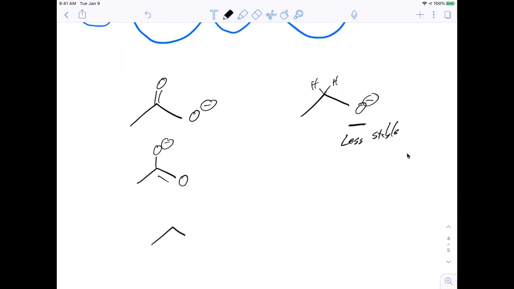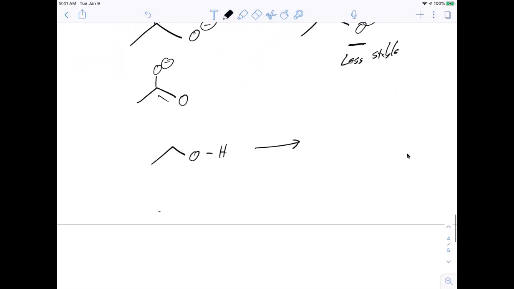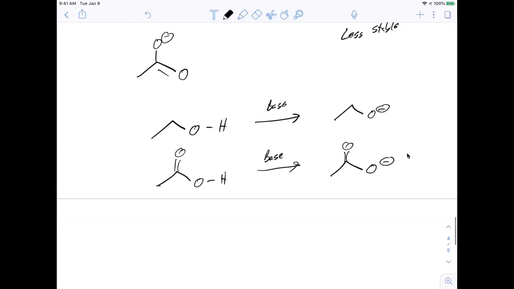So if I was going to take a hydrogen off of one of these, which one of these two would be easier to take the hydrogen off of? The first one, the alcohol, or the second one, the carboxylic acid?